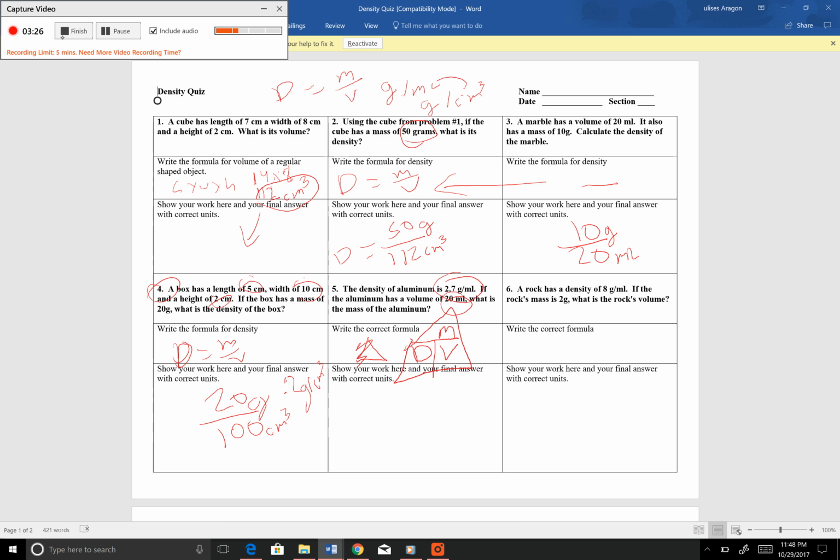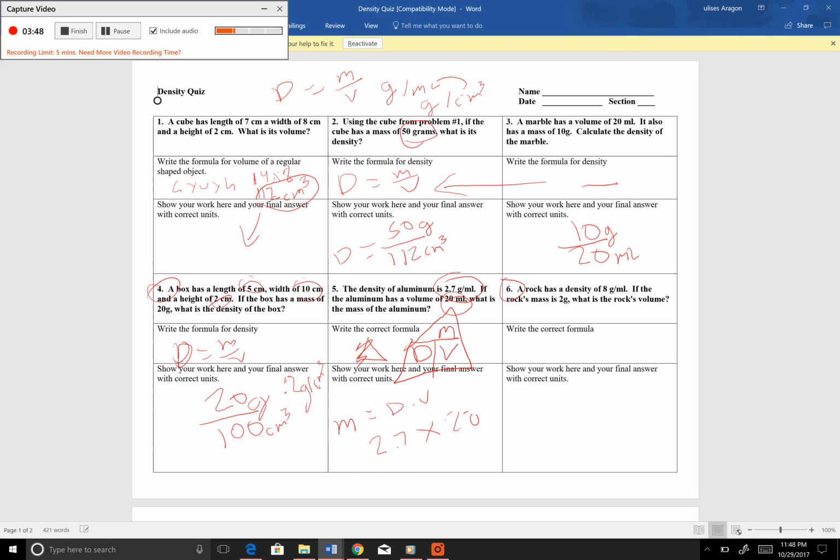If we're trying to figure out mass, we know that mass is equal to density times volume, so mass is equal to D times V. We can plug them in and do 2.7 times 20. And that's your answer, right?